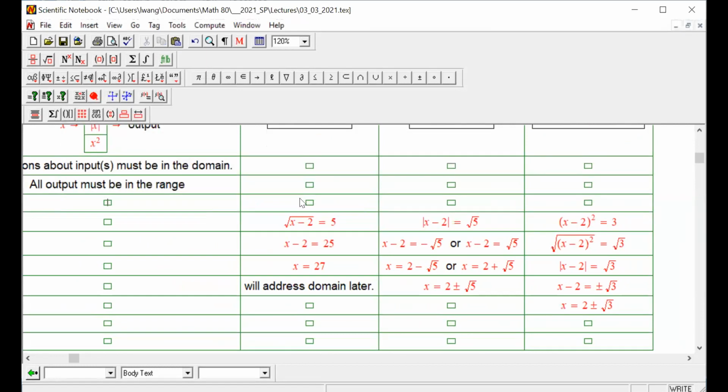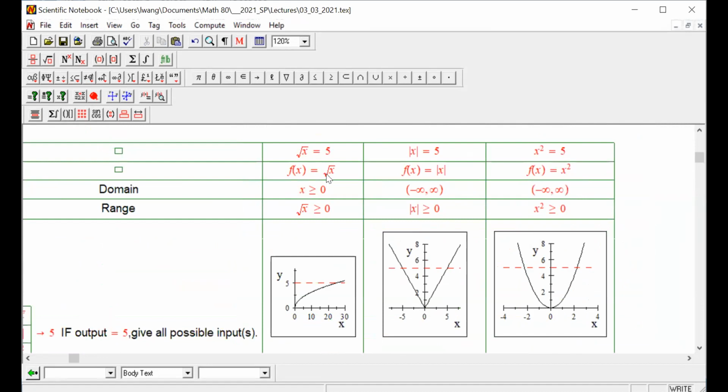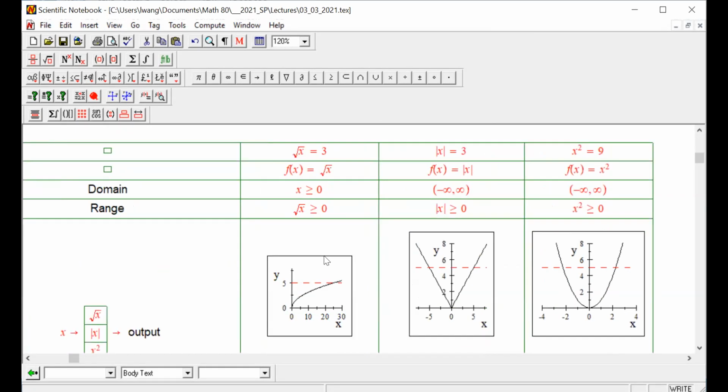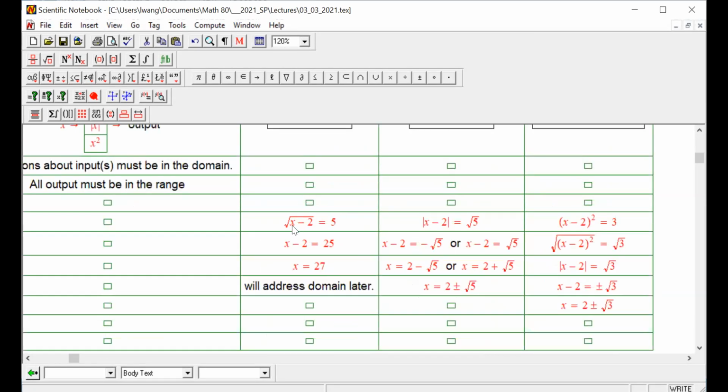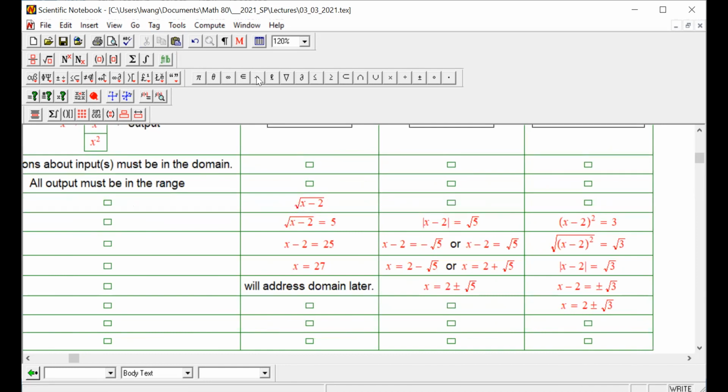This rule was the square root of x. And now it's the square root of x minus 2. What's the difference? Certainly these rules are different. The rule has changed, so you're going to have a new function, taking numbers and giving output.